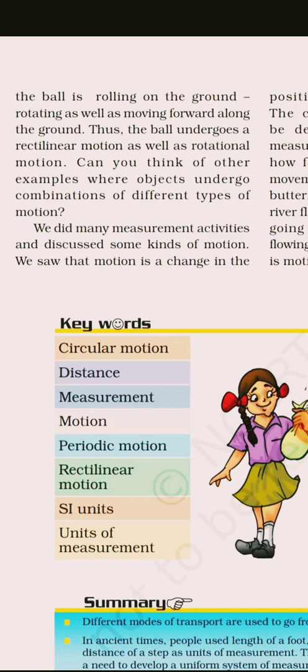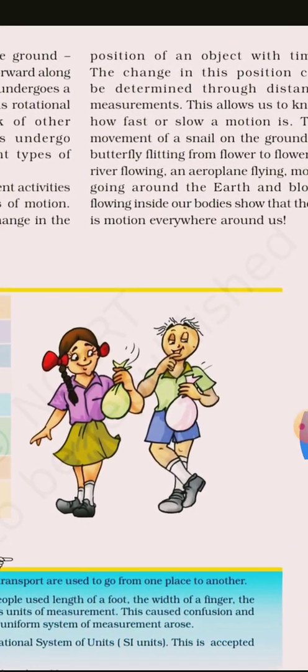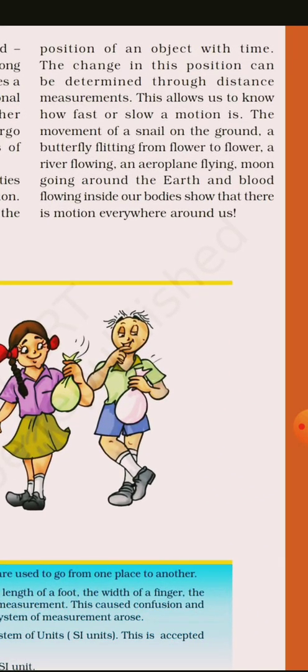When we did many measurement activities and discussed some kinds of motion, we saw that motion is a change in the position of an object with time. The change in position can be determined through distance measurement. This allows us to know how fast or slow the motion is.